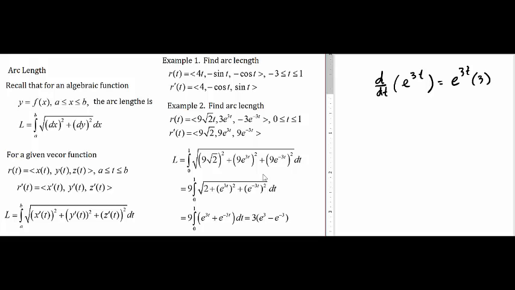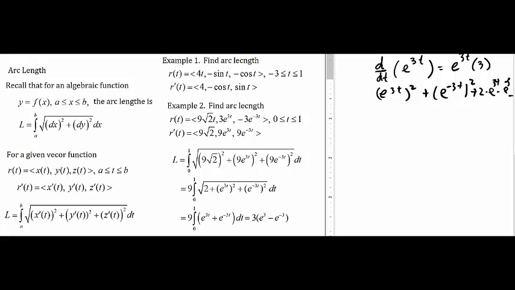Now it is very important. Here I have e to the 3t squared, plus e to the negative 3t squared, plus 2 times e to the 3t times e to the negative 3t.